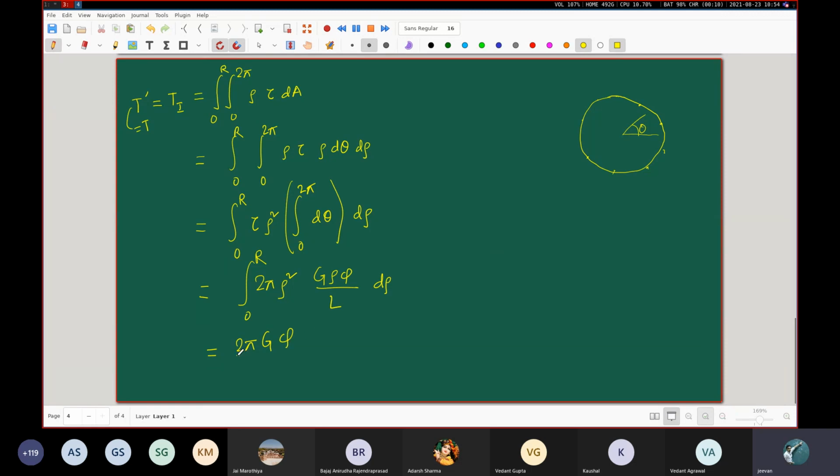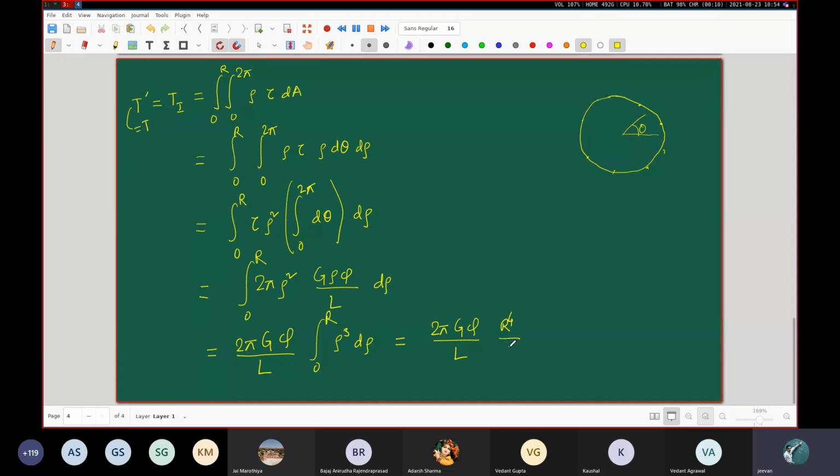So this phi also goes outside. In the denominator, you have L. What is present inside? Tell me. Rho cube. Very good.